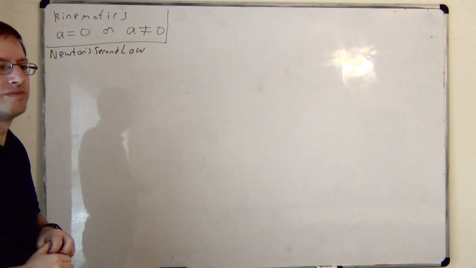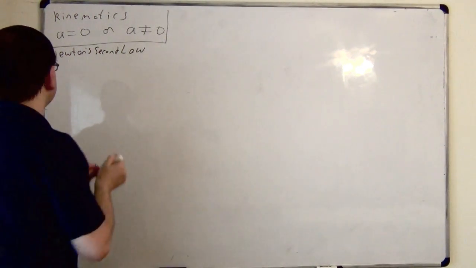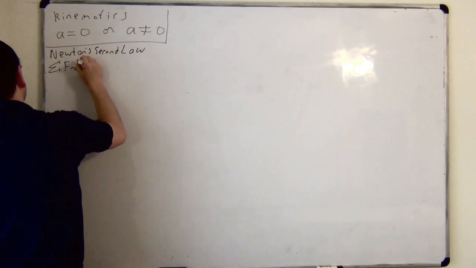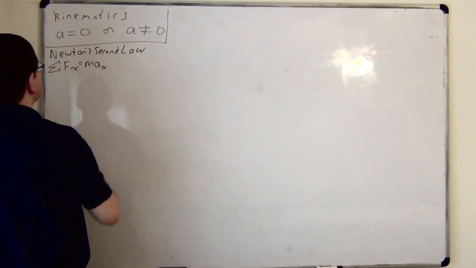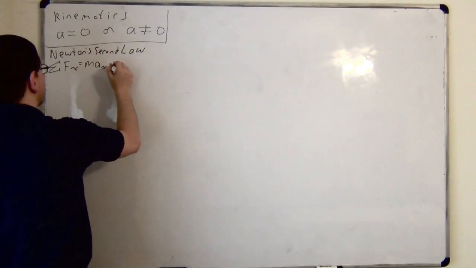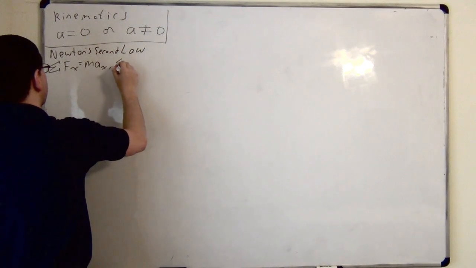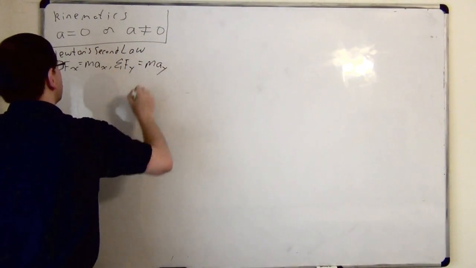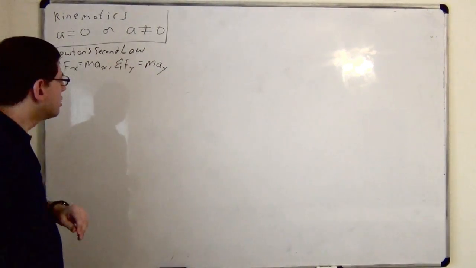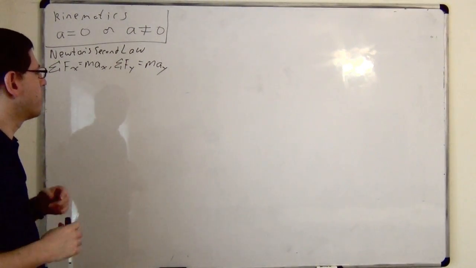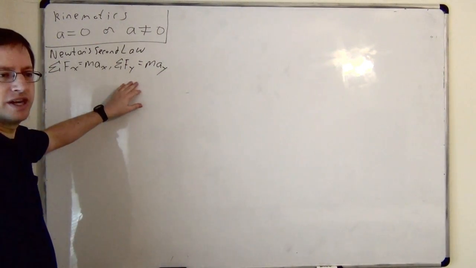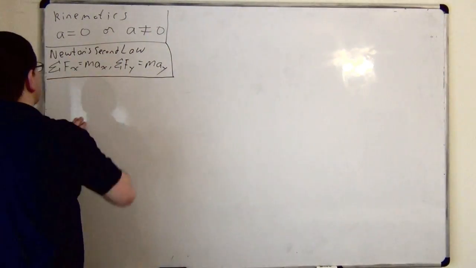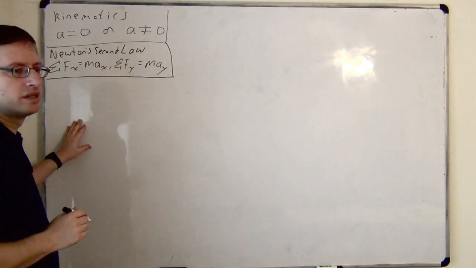We have two different components, where the first one's the sum of forces Fx equals ma, and then same thing with y, sum of Fy equals ma. Good, that's a good way to describe it. Since this is such a key equation, we want to write it exactly correctly, and this is the best way to write out that equation. That's good. And what's the third framework in the course? Conservation of energy. Right.